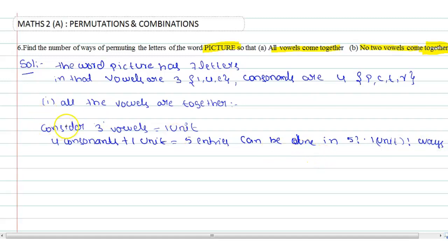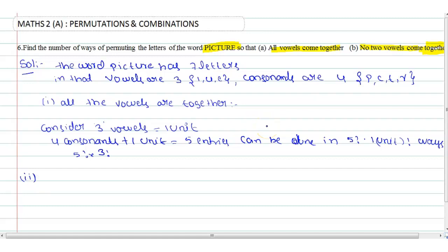So here the answer is nothing but 5 factorial into 1 unit. 1 unit in the sense, already we have taken 1 unit as 3 vowels. So the final answer is 5 factorial into 3 factorial ways. And coming to the second answer.